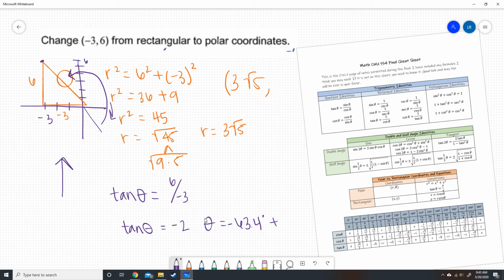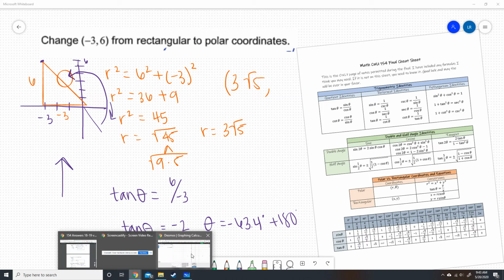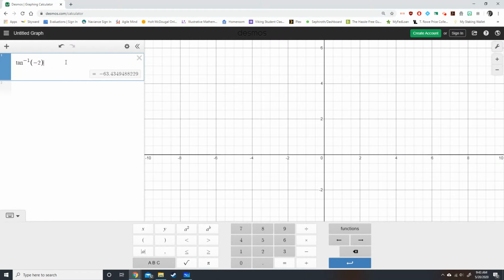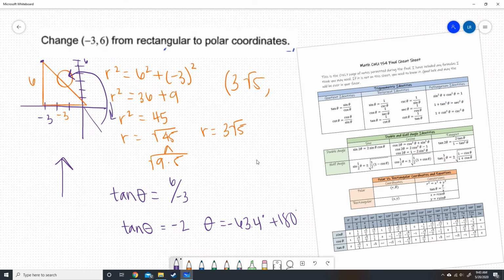So let's go ahead and add 180 degrees to this, and that would give us the angle in the proper location. And we get 116.6. So our theta is 116.6 degrees, and that would be our ordered pair, or our polar coordinate.